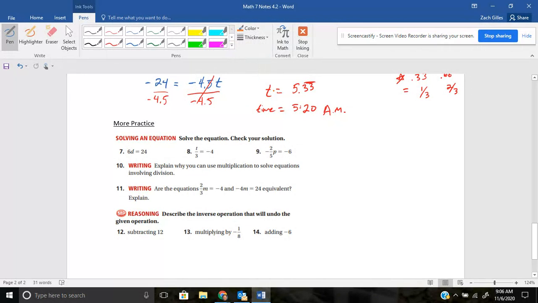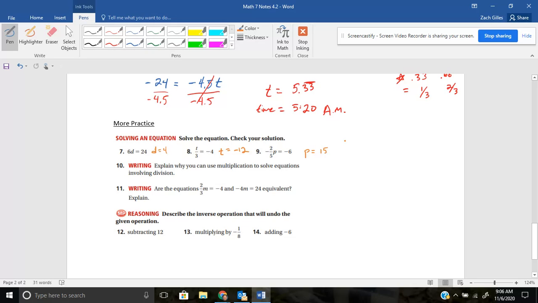All right, for number 7, you should arrive at d equals 4. 6 times 4 is 24. For number 8, t equals what number divided by 3 is -4? That'd be -12. Number 9, you might need to use the reciprocal again. You should get p is equal to 15.